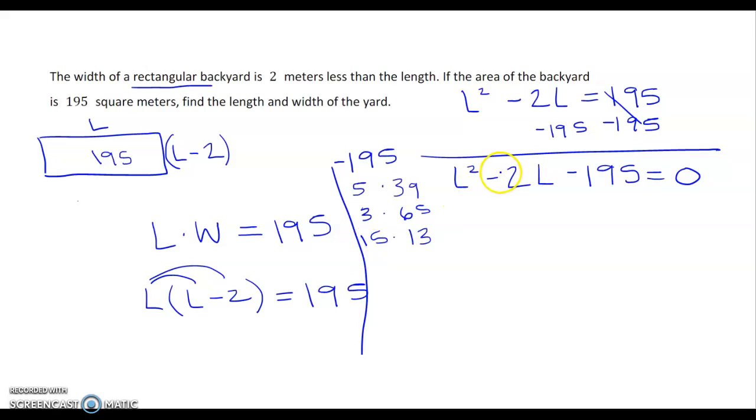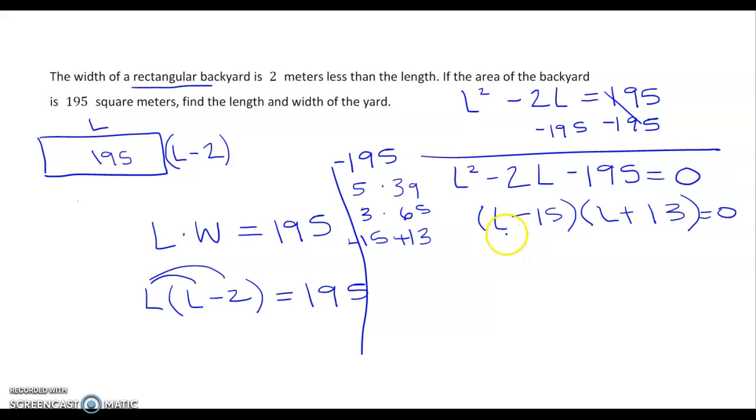Now one has to be negative, one positive, so they multiply to be a negative 195. If they need to add to negative 2, we're going to want this bigger one, this negative 15, to be negative and 13 positive. So negative 15 plus 13 gives us the negative 2. Negative 15 times 13 gives us the negative 195. So we can see that's going to be it. So L minus 15, L plus 13 equals 0.